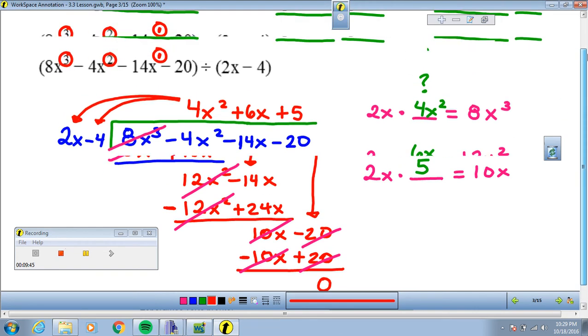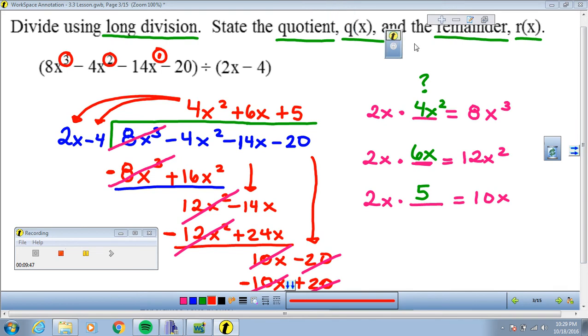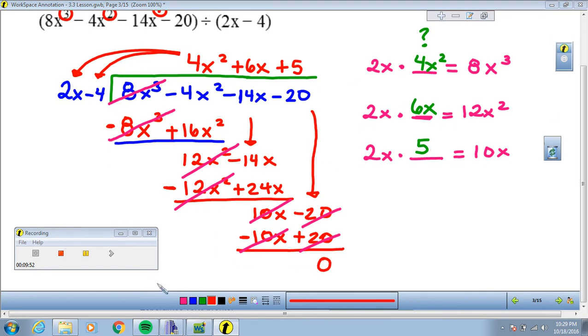So okay, it says for us to write the answer down, and it says on the instructions, state the quotient and the remainder. Well, in a division, in any division, the answer on the top is what we call the quotient. So this is your quotient.